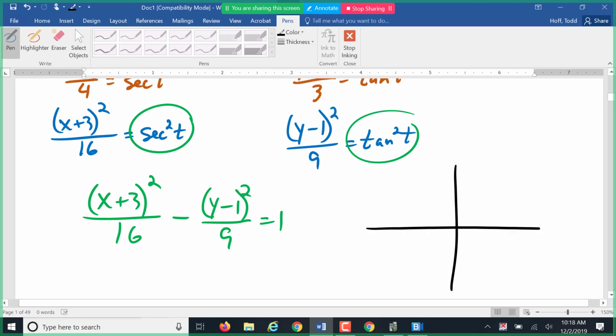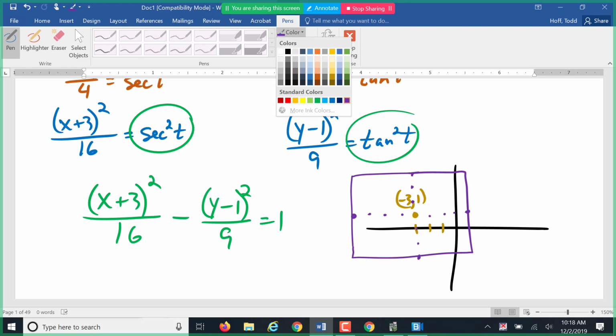So I have a center here at -3, 1. That's my center. The square root of 16 is 4, so I go 1, 2, 3, 4, 1, 2, 3, 4 in either direction horizontally. The square root of 9 is 3, so I go up 1, 2, 3 and down 1, 2, 3. I use that to create my rectangle.